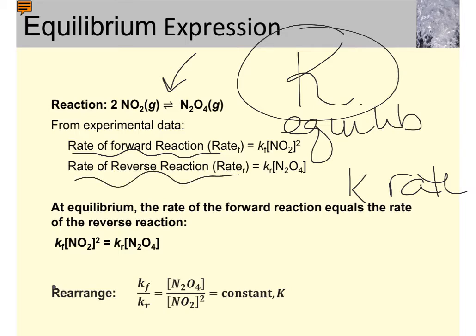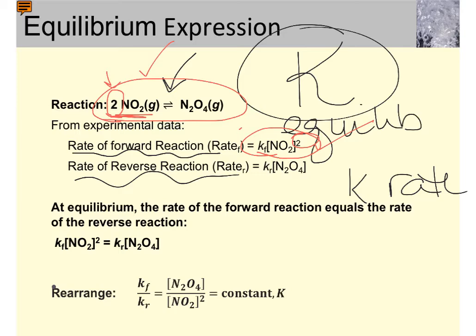Now, if you can remember all the way back to kinetics and rates of reaction, assuming this is a one-step reaction and doesn't have a complicated mechanism, the rate of the forward reaction could be expressed like this, right? Rate constant times concentration of reactant, and assuming again that it's a one-step reaction so we can treat it like an elementary step, the coefficient of 2 becomes the exponent.